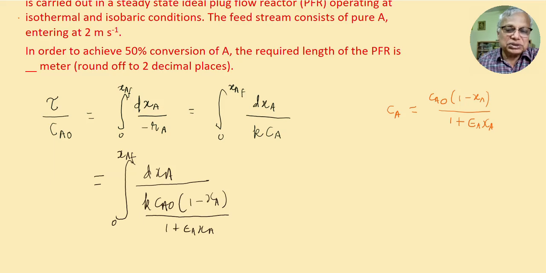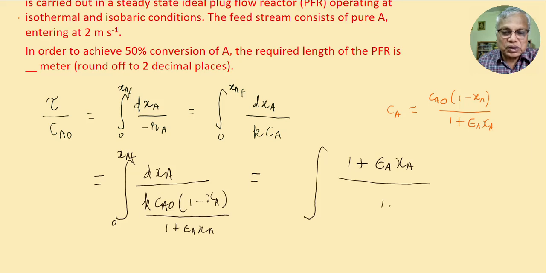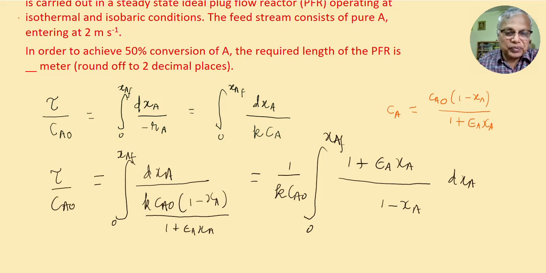XAF is the final conversion. So if we simplify this, it is equal to tau by CA, right?